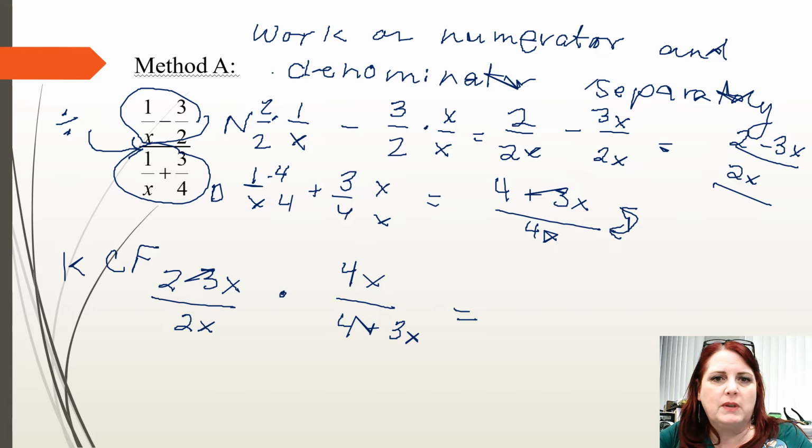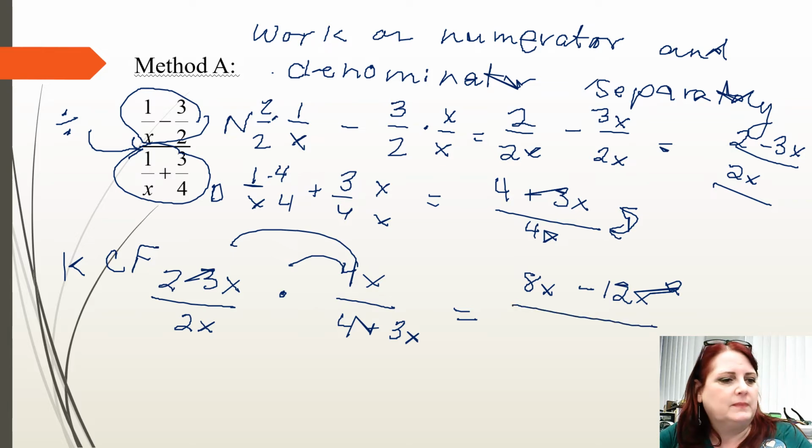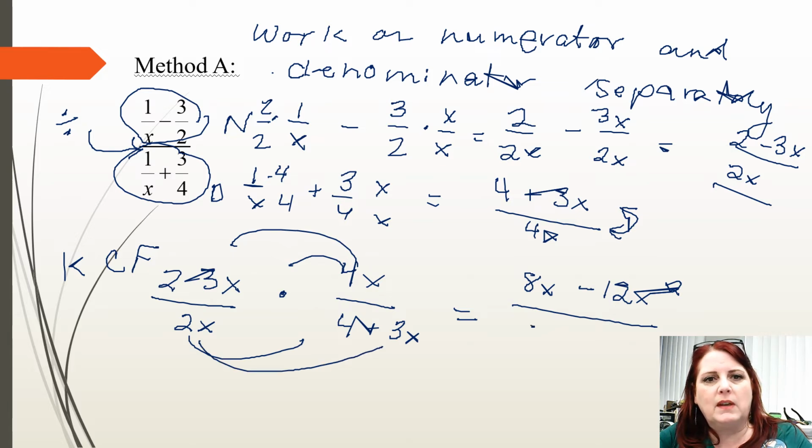So we'll distribute this. We'll have 8x minus 12x squared, and we'll distribute this one. We'll have 8x plus 6x squared.